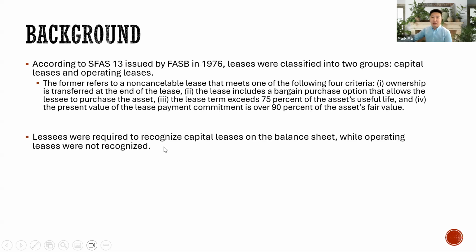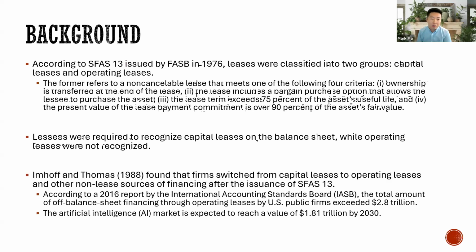The standard required lessees to recognize capital leases on the balance sheet, while operating leases were not recognized on the balance sheet. Early research shows that after this standard, firms switched from capital lease to operating lease and other non-lease sources of financing. And the market for operating leases started to bloom.